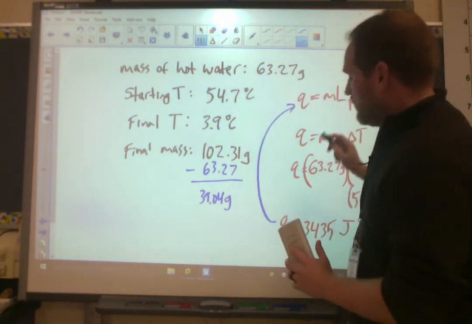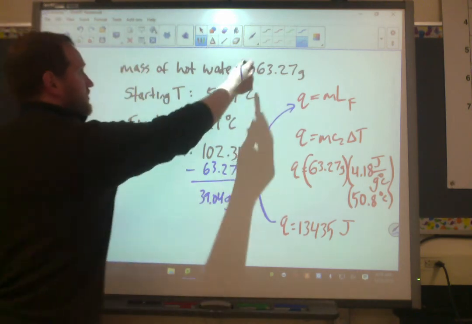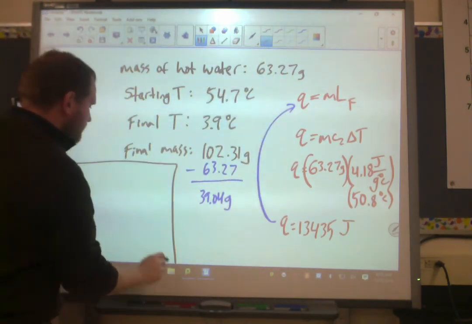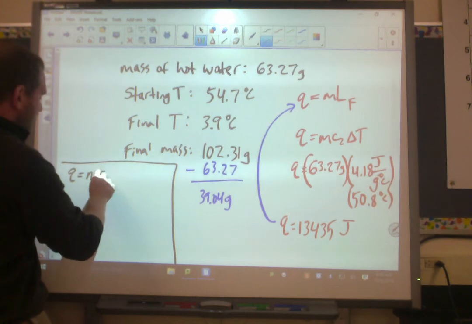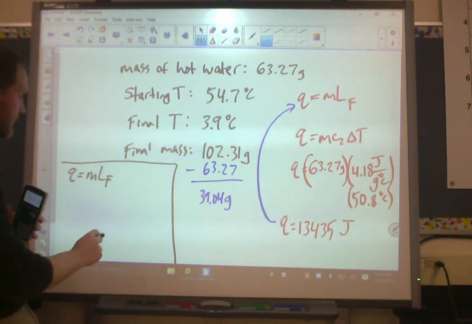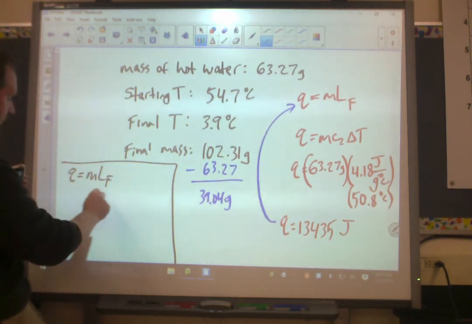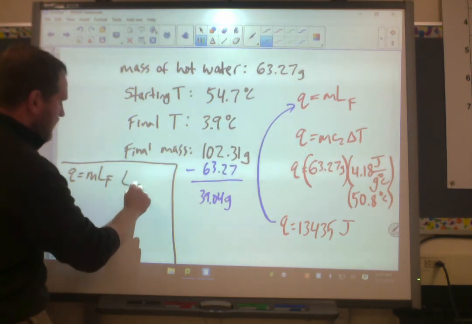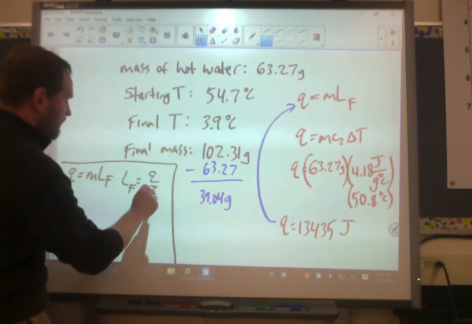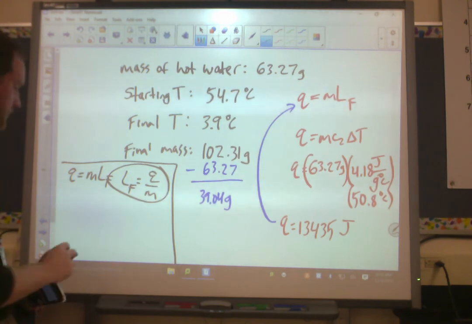So we are looking to solve for LF. I'll do this over here. My formula, Q equals M times LF. To get LF by itself, we divide M out of there. So LF equals Q over M. That's my formula.